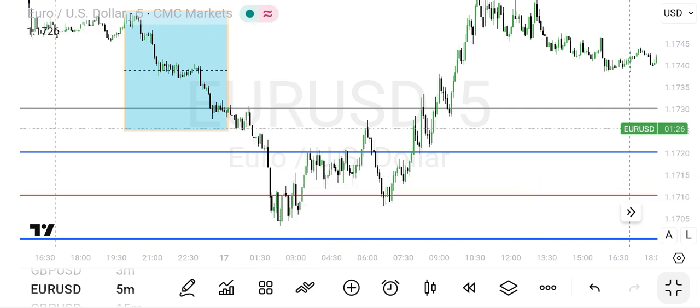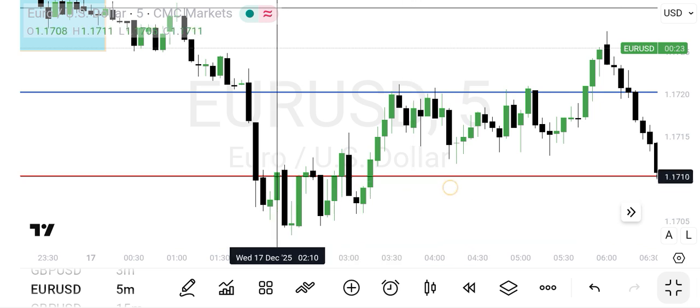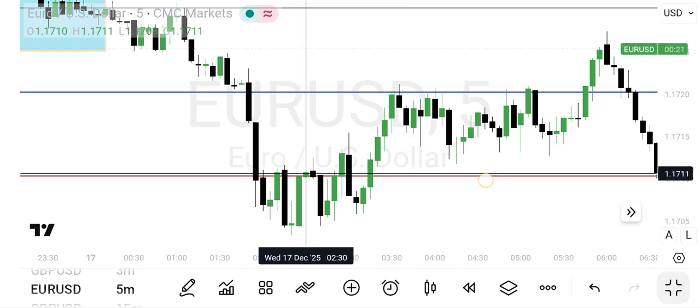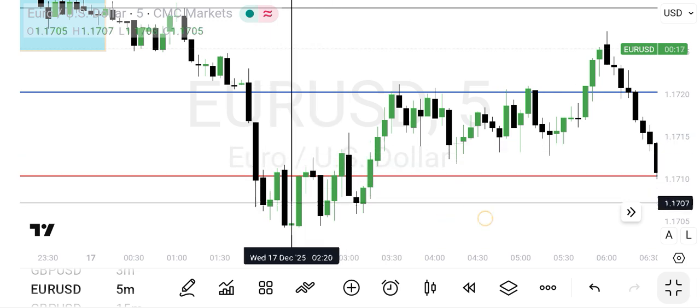And from there, let me zoom in. So after the London open and the run for liquidity below the Asian range, it came down to the middle range of the daily wick, which is here.